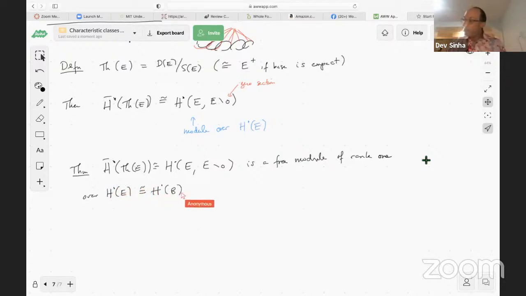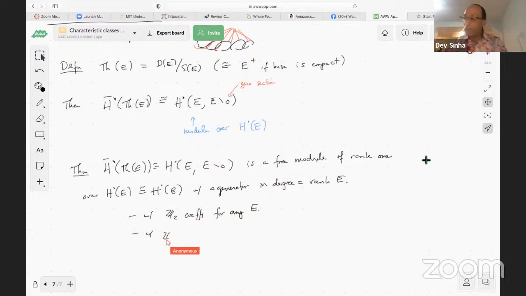And in fact, with a generator in degree equal to the rank of our vector bundle. So if it's an n-dimensional bundle, we've got a generator sitting in there and it's a free module. And that's going to be with Z mod 2 coefficients for any E, or with Z coefficients, or any coefficients, for oriented E.